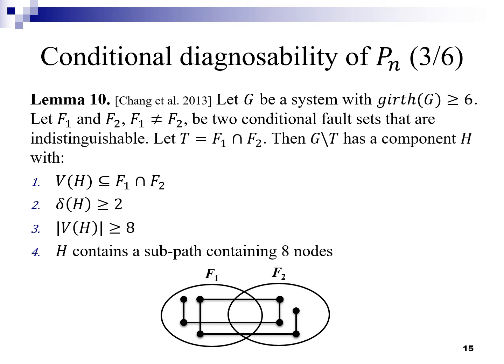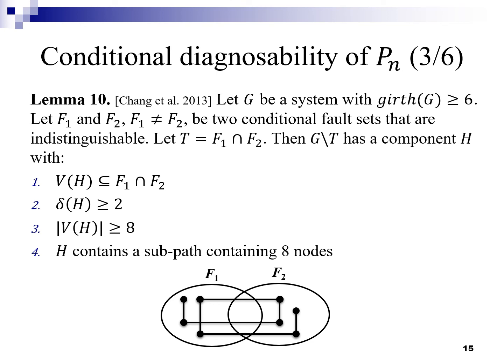Next, we see another tool, Lemma 10, which was developed by Zhu and others in 2013. In this lemma, let G be a system with girth, meaning the minimum cycle of a graph G, at least 6.